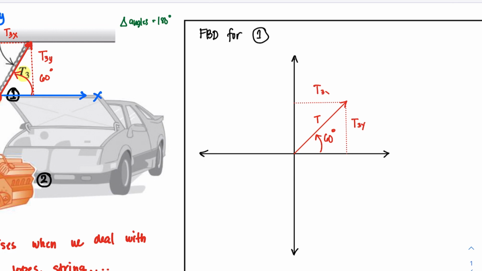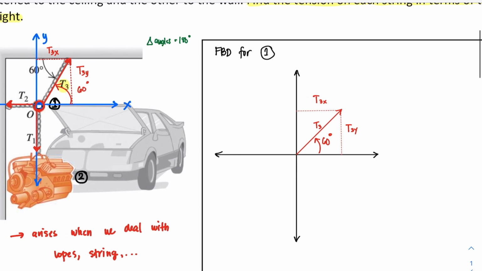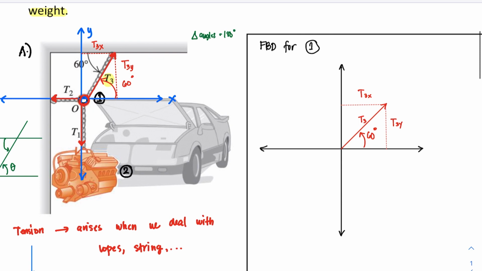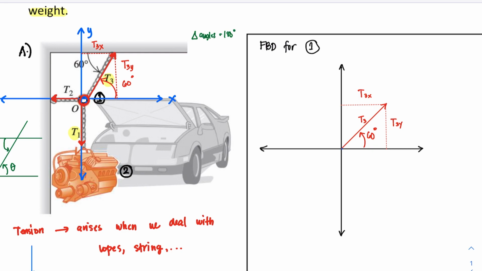This is T3 sub x. So we are done with, by the way, that should be T sub 3. We are done with T sub 3. Now what are again the other forces? We also have T sub 1. Now T sub 1 is directed downward. I'm going to use blue for T sub 1. So ano siya? T sub 1.